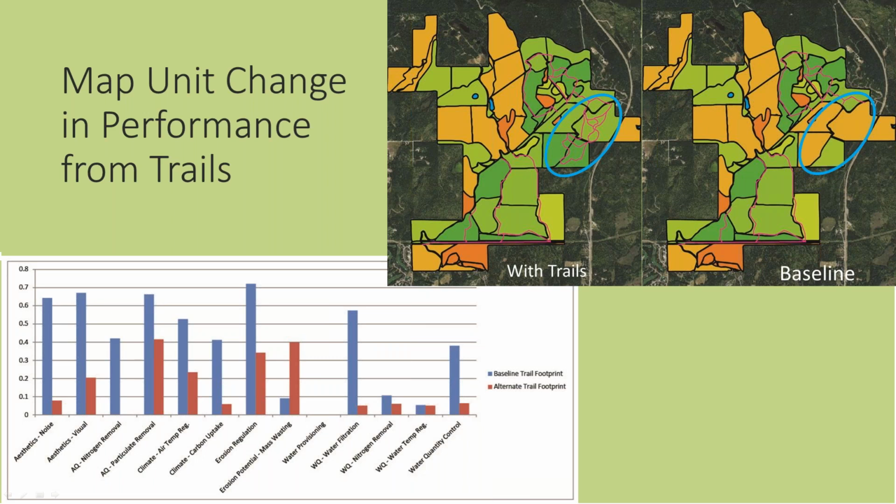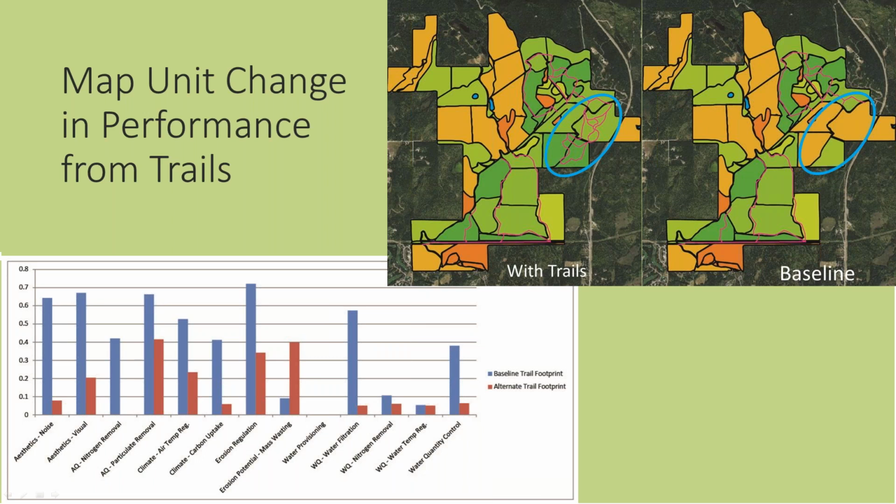This is just from a project that we did with the Forest Service and the Flathead National Forest. We asked them if we could do a case study on one of their management areas, and this is about a 4,500 acre area. You can see the number of map units that we ended up with on this site. The idea was, let's look at putting in some recreational trails, some mountain biking trails, and see what that does to performance of these different services.